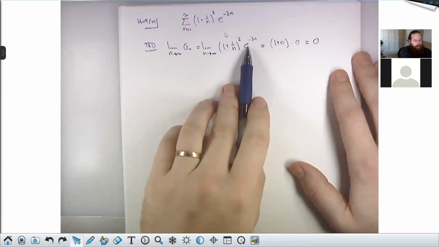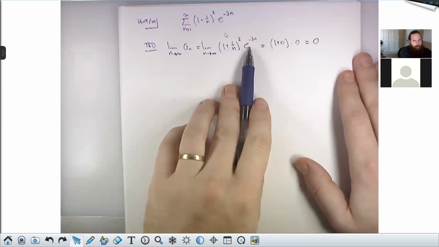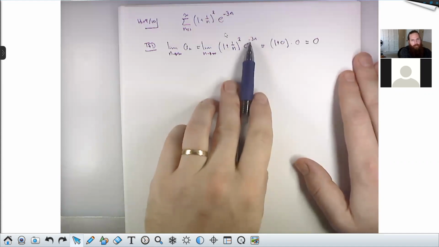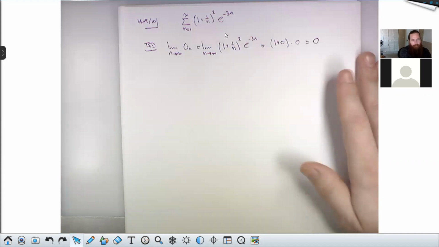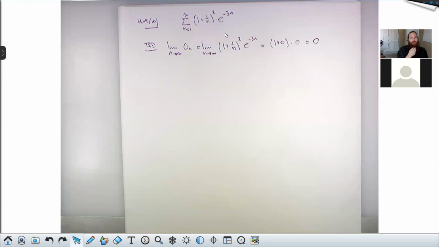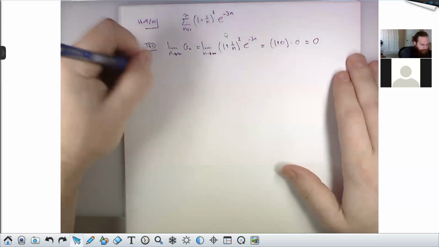E to the negative 3n goes to 0 because it's an exponential function that's decaying, right? If you don't remember those rules, e to the negative infinity is 0. Again, go back to section 11.2 or even section 2.6 and remind yourself how those limits work. So this is inconclusive.